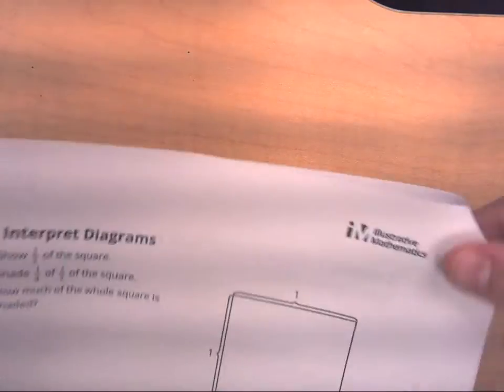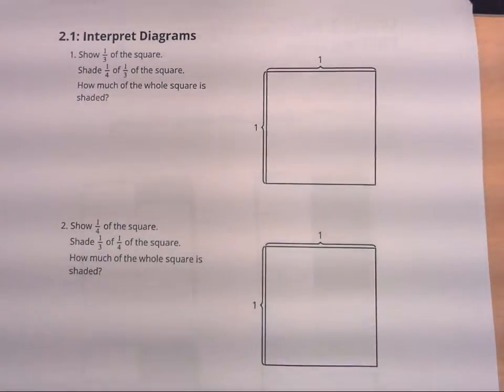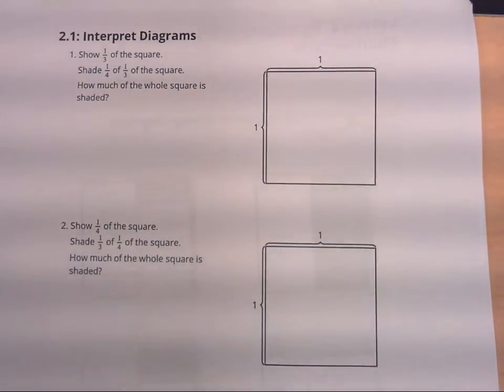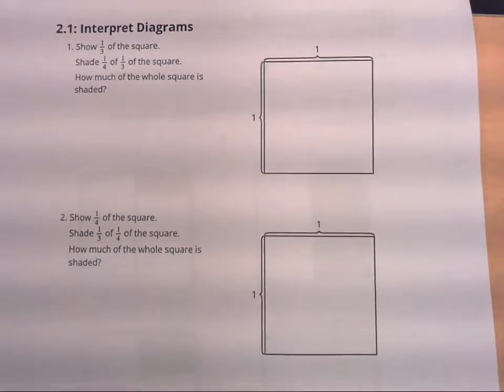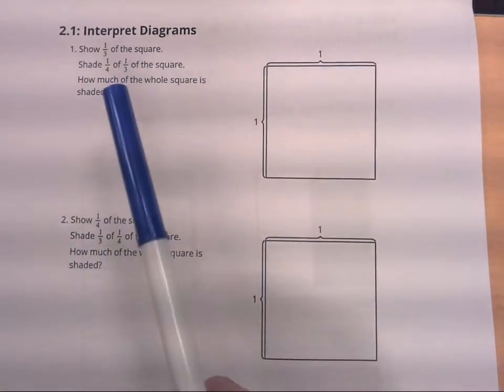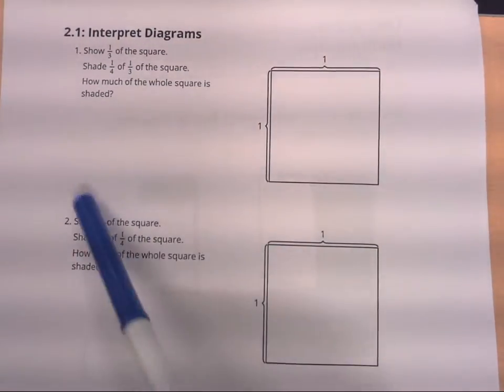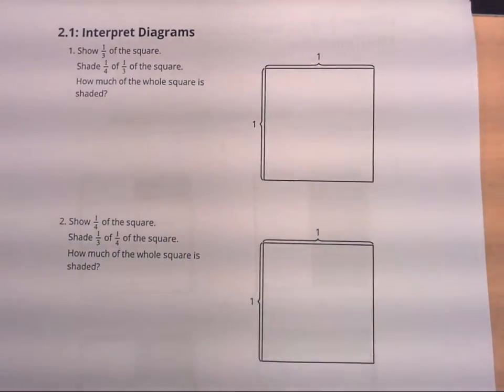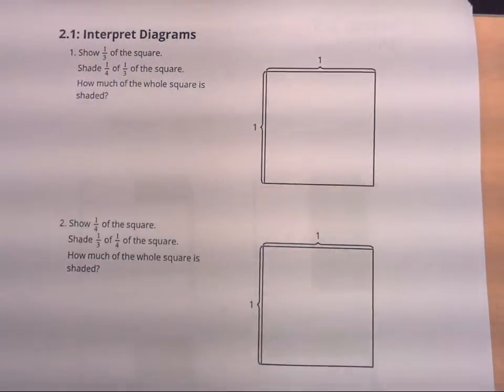So the meat of the lesson really began with these 2 diagrams here, and students were challenged to first show 1/3 of this square, and then to show 1/4 of that 1/3 piece, and determine then what the size of that piece would be, or what the product of 1/4 multiplied by 1/3 would be.